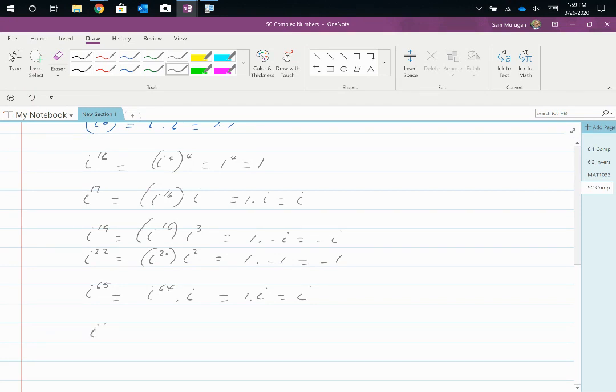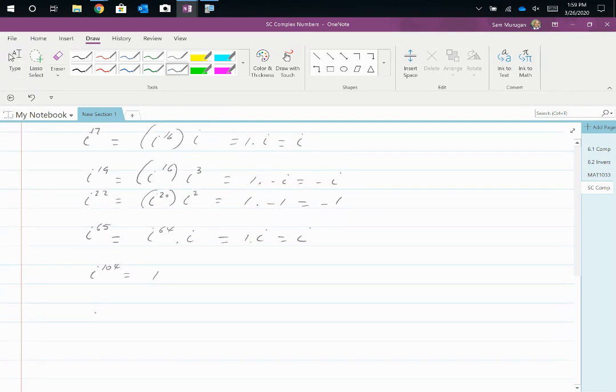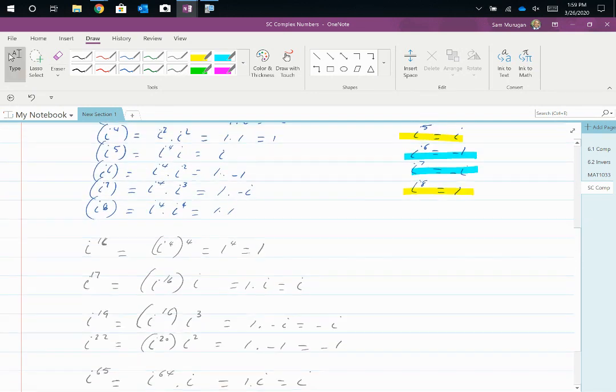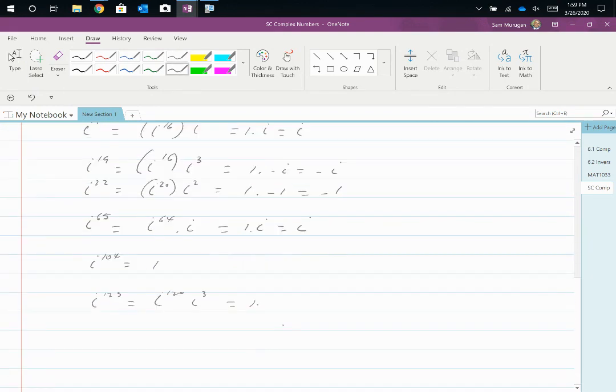i to the 104th power. 104 is exactly divisible by 4, so that's equal to 1. i to the 123rd power is i to the 120th power times i cubed. i to the 120th power is 1, because that's exactly divisible by 4, so this is 1 times i cubed, which is negative i.